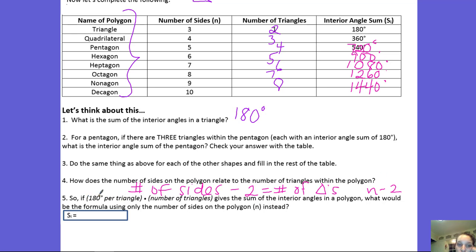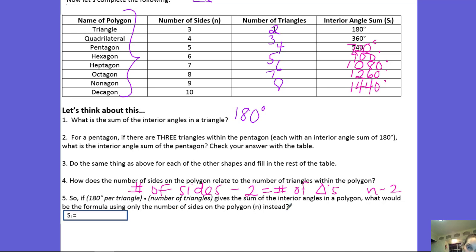So if there's 180 degrees per triangle, and we multiply the number of triangles that we have by 180 degrees, that gives us our grand total, the total sum of all the interior angles of our polygon. Then we can come up with a formula simply by using the number of sides of the polygon.